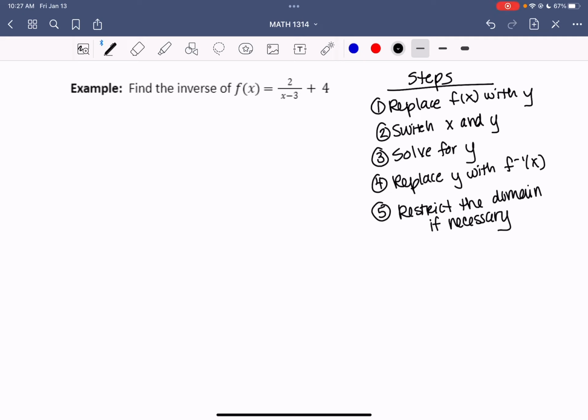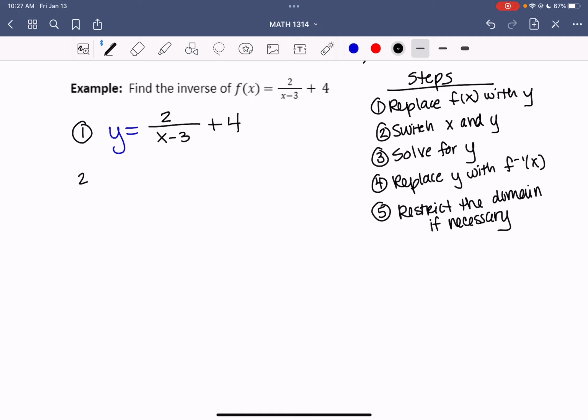And really looking at it, the bulk of your work is going to be in step number 3. That's really going to be the algebraic process, but we're going to keep the other 4 steps to assist us in this process. So step number 1, we need to replace f of x with y. So now I'm going to say y is equal to 2 over x minus 3 plus 4.